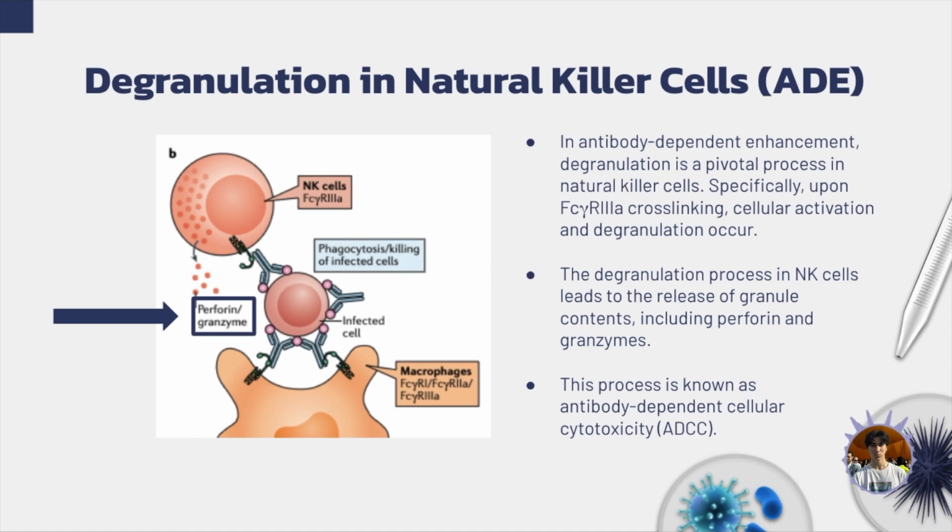This process is known as antibody-dependent cellular cytotoxicity, or ADCC. The released granule contents induce the formation of pores on the target cell membrane and stimulate apoptotic pathways, ultimately leading to the death of the infected cells. These immune mechanisms involving degranulation in granulocytes and natural killer cells collectively contribute to efficient elimination of infected cells.